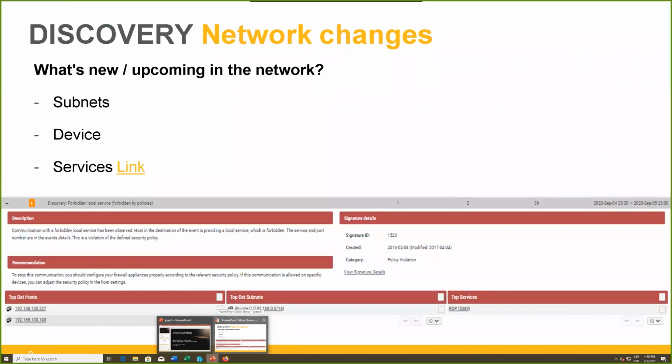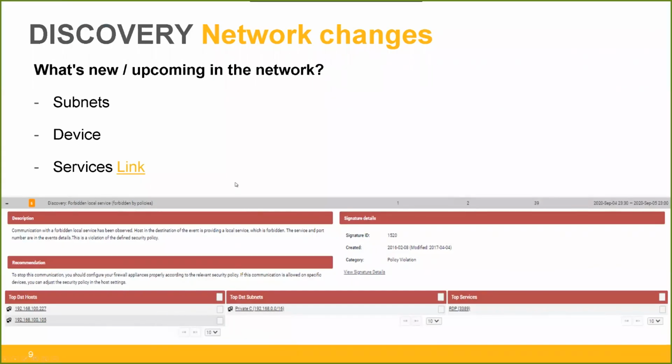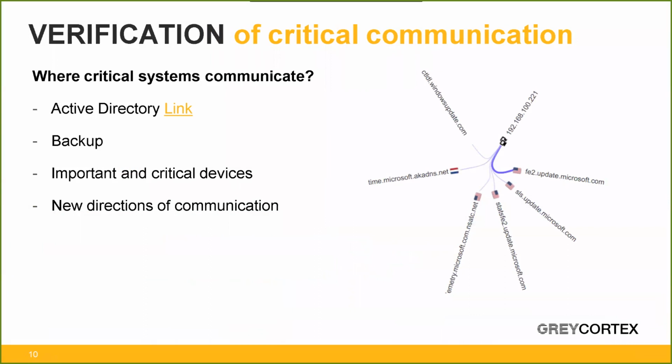Let me get back to the presentation, and let's move to another interesting topic, and that's verification of critical communication. In every infrastructure, you will find critical systems. It can be an Active Directory that is responsible for maintaining a domain of Windows machines.